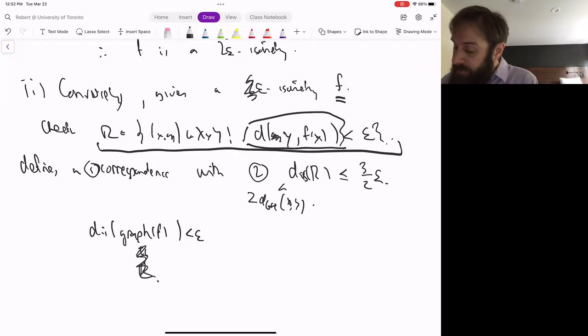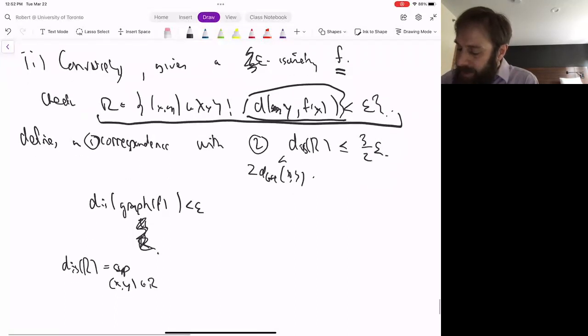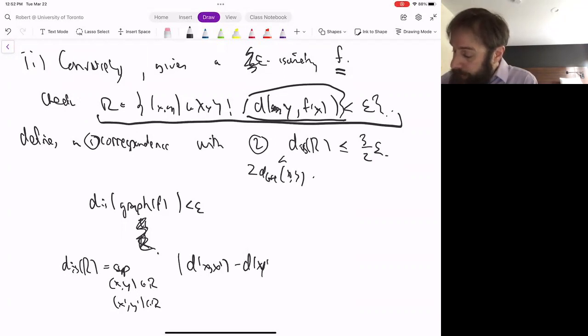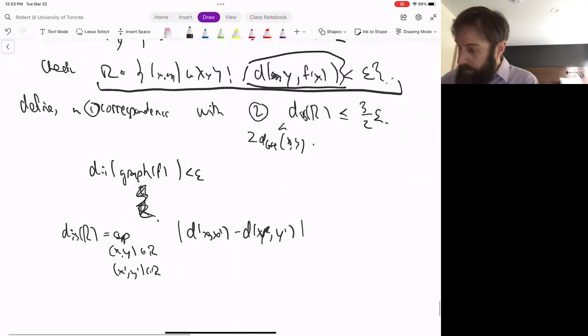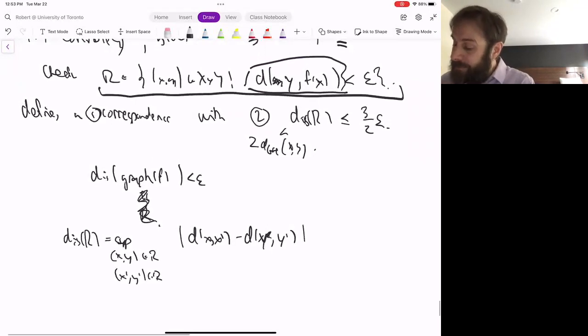So I have that the distortion of the graph of f is small, but now I'm perturbing this. The distortion of the relation is the sup over all xy in R and x prime y prime in R of the difference of the distances.